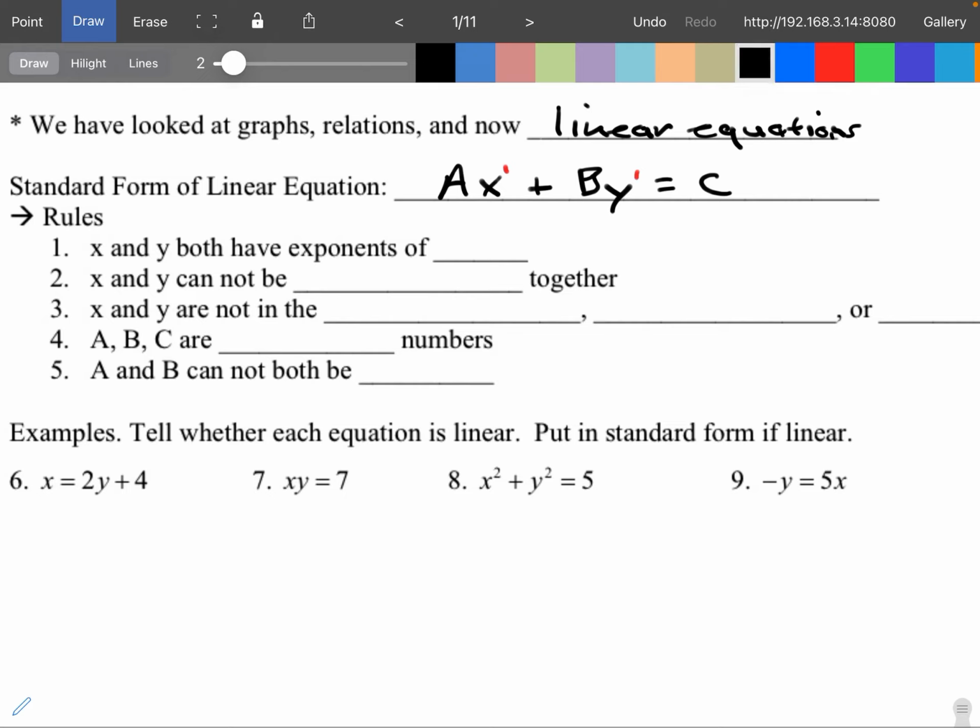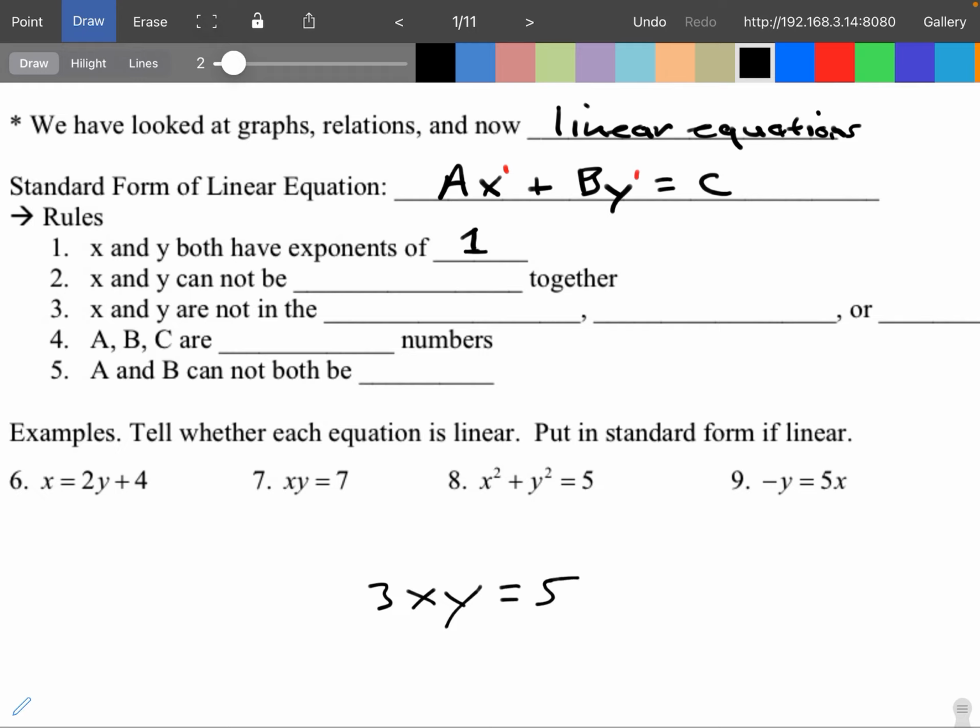Now, in the rules there, what are the exponents on the x and the y? What power are they raised to? 1. Yeah. So if that's a first power and a first power, then you know that it's a linear equation. So both exponents have to be 1. All right, then also x and y cannot be multiplied together.